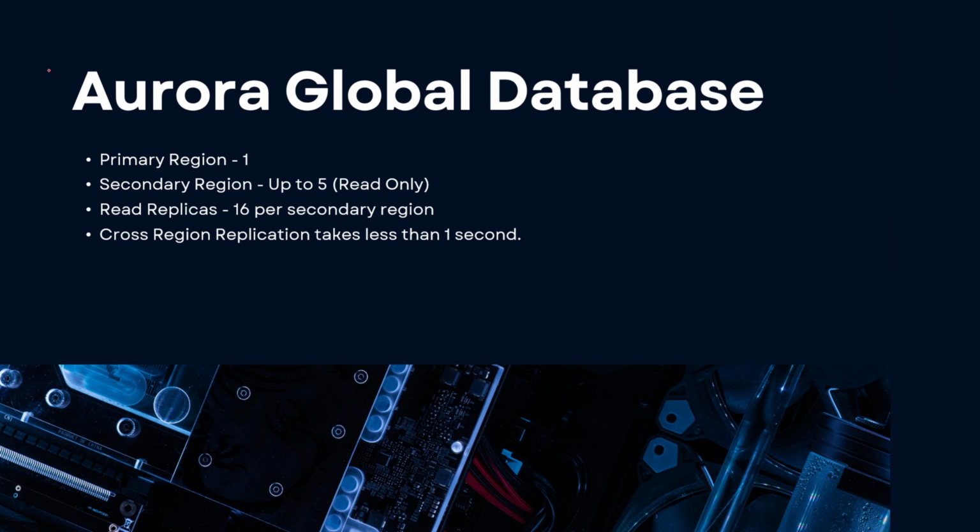Next, we're going to be talking about Aurora Global Database. Aurora Global Database is, as the name suggests, a global database. It'll be globally available. You will be selecting a primary region, and that would be one. For example, if I'm selecting US East as my primary region, our global database will be deployed in US East 1.